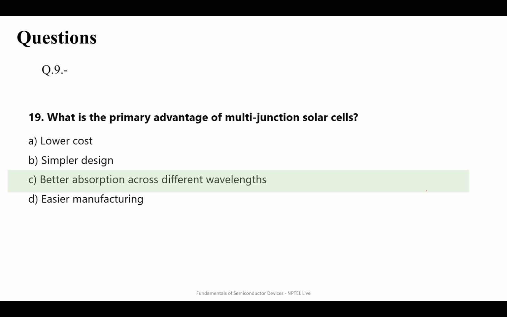Yes, like I said just now, take silicon at 1.1 eV. Most of our sunlight is around 2 eV, but our silicon band gap is 1.1 eV. So all that extra energy is wasted, right?